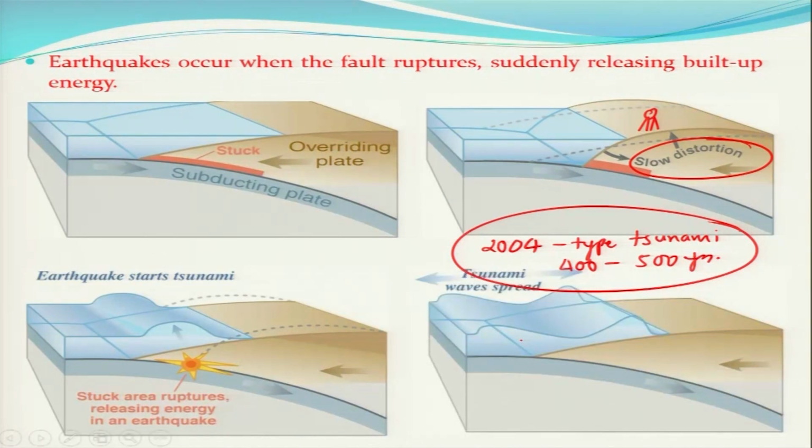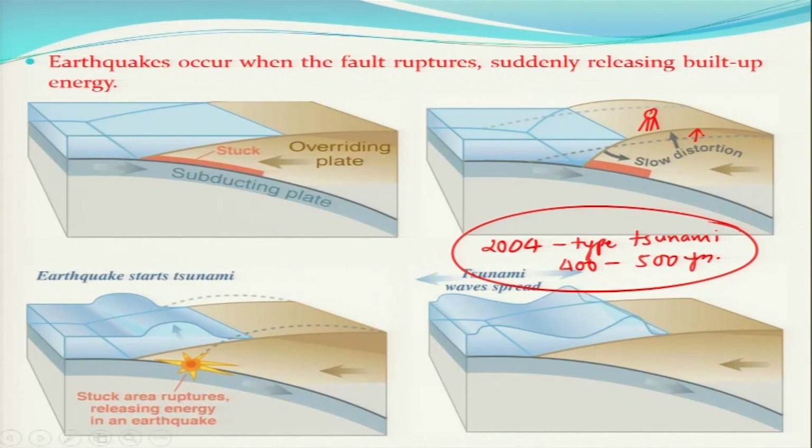So, what it explains is the similar pattern we have seen in the movie, that initially the overriding plate and the subducting plate will keep on moving, and it is shown by this arrow, but the locked area will result in the deformation of the overriding plate, and finally when the energy is released or the overriding plate slips, this portion has been shown by the dotted lines here, and what we see is that there is an uplift here.